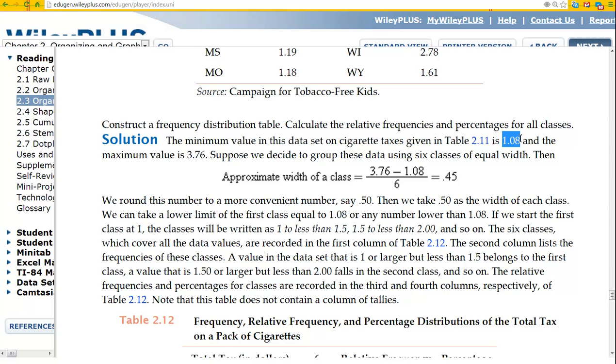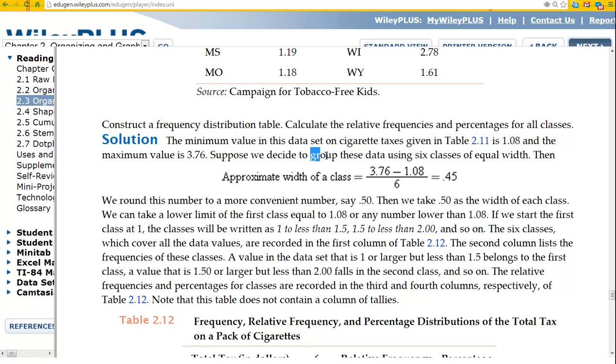One of the states had only $1.08 of tax. And the maximum value, I guess this was New York, was $3.76. So we have that data that runs from here up to here.